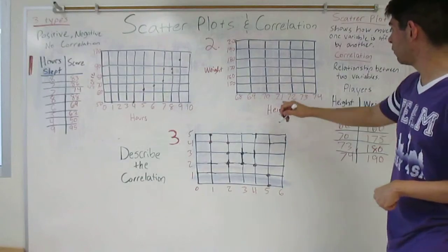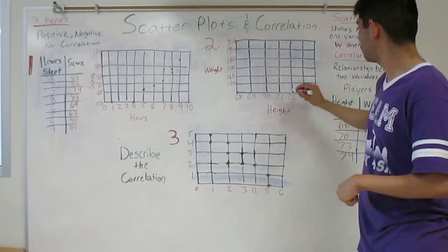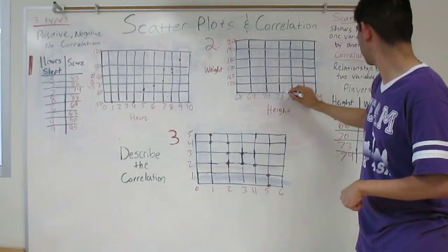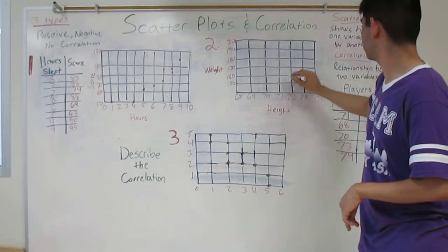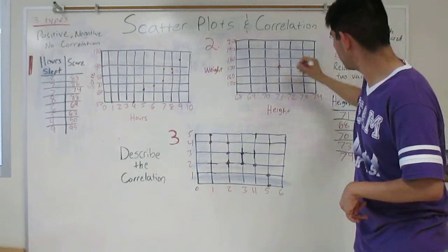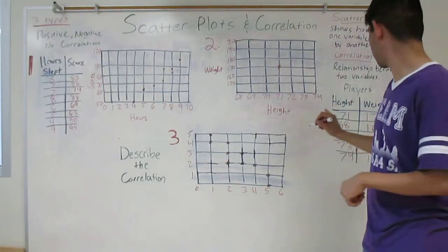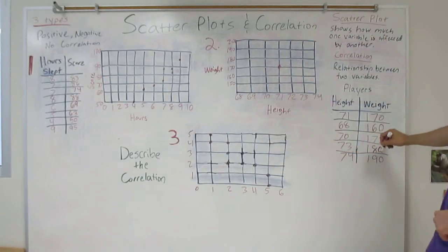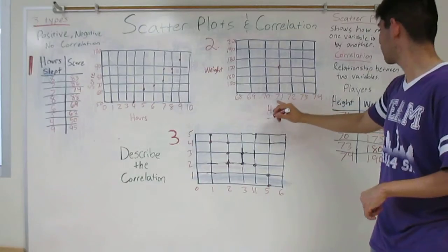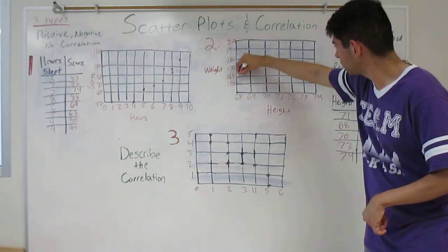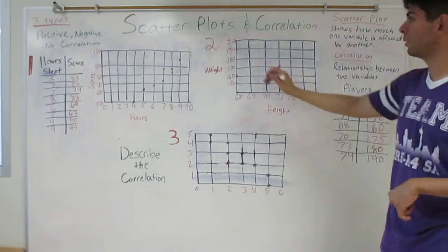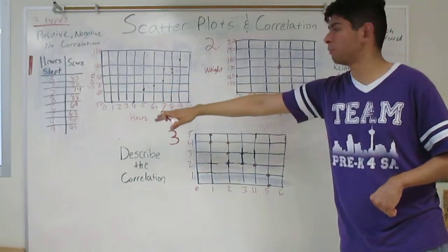The height of 71 inches. First we go right here, 71, and we go vertical up to 170. Make sure you plot that. 68 inches, and it'll be 160. Oh, and I'm sorry, make sure you write it down.